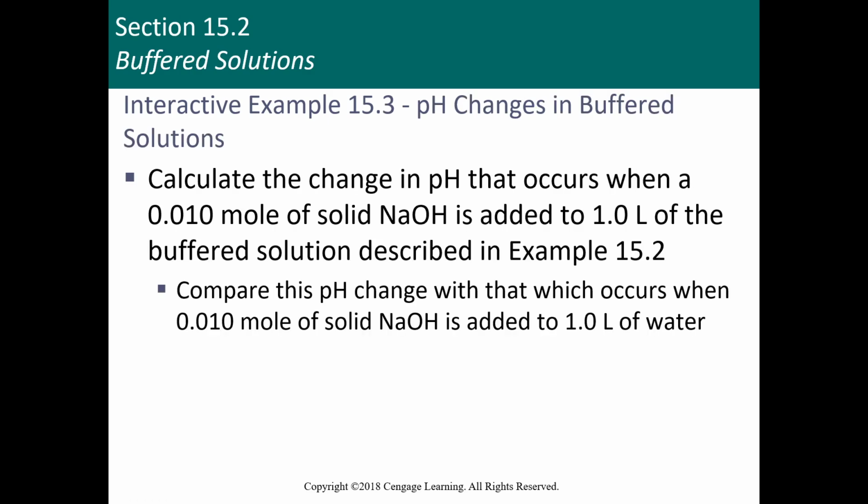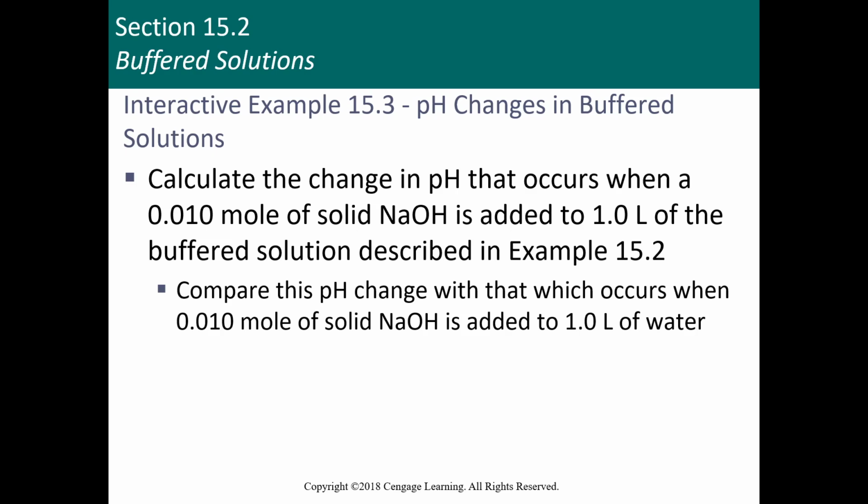All right, so let's try another interactive example problem. We calculate the change in pH that occurs when 0.01 mole of solid NaOH is added to 1 liter of the buffered solution that we had in our previous example.